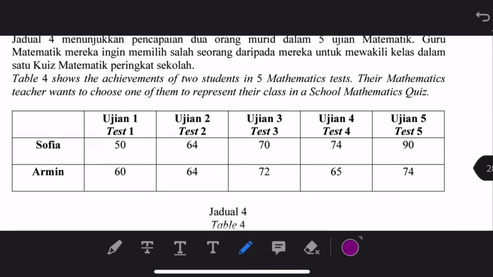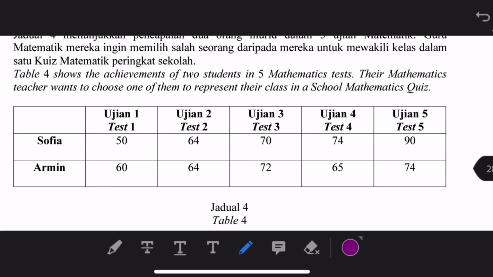Alright, so we have another question which is actually about statistics. So I'm going to discuss this one.